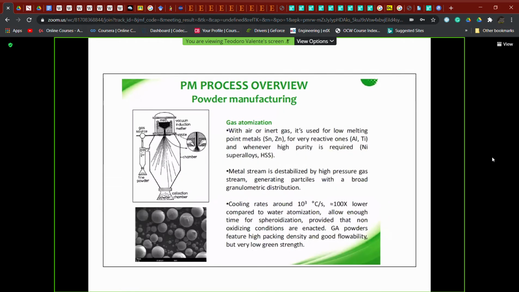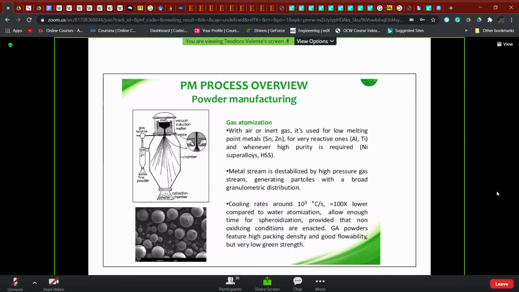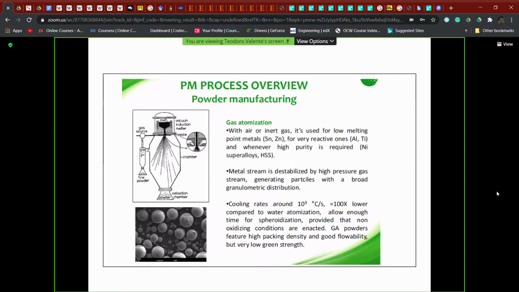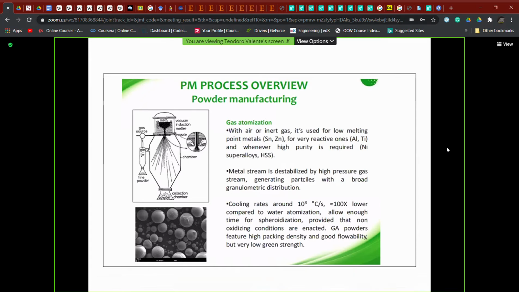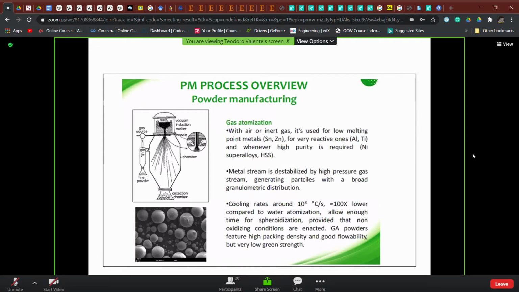If we start from a melt, but we are not establishing an interaction with water, and instead we establish an interaction with air or with an inert gas, we have the gas atomization technique. This is usually used for low melting metals, or also for very reactive metals, obviously in this case without air but by using an inert gas, such as, for example, aluminum and titanium.